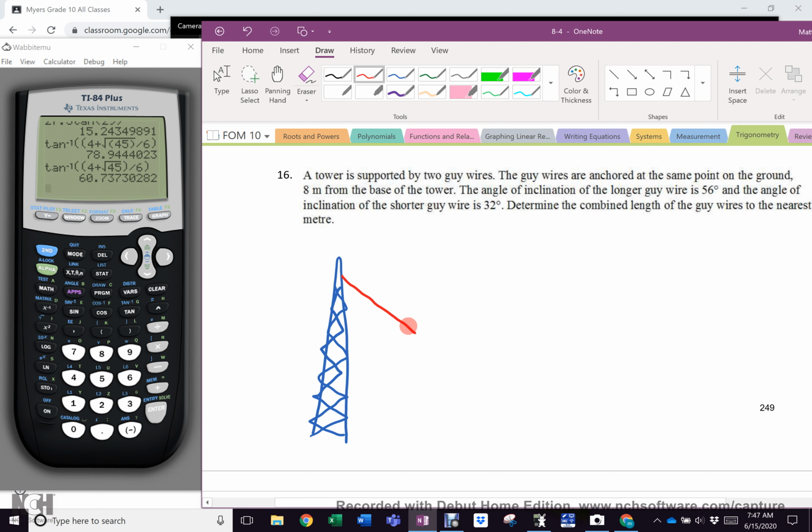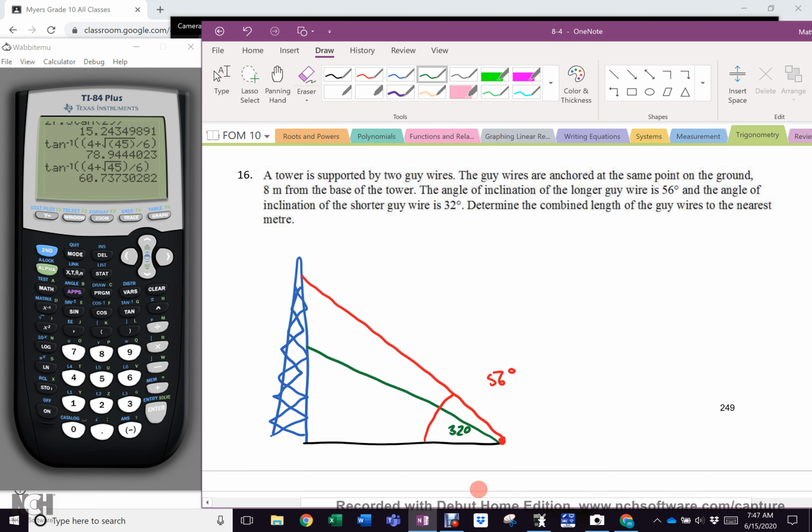I've got this red wire that comes out to here, and this green wire that comes out to here, and the ground is right here. The angle of inclination of the longer wire is 56. Obviously the longer wire is the red one, so the red one is 56 degrees and the green one is 32 degrees. Determine the length of the wires.